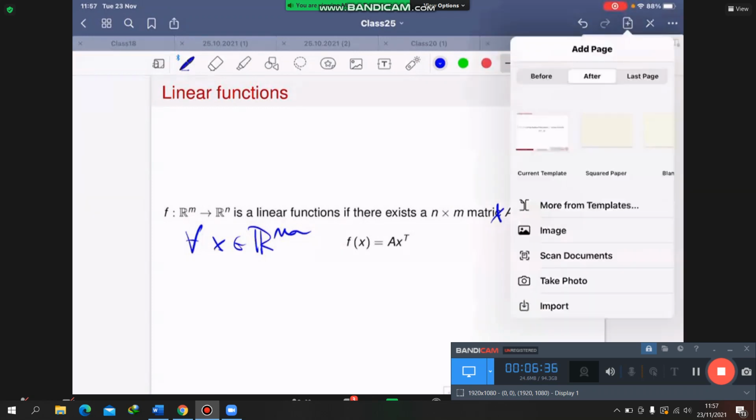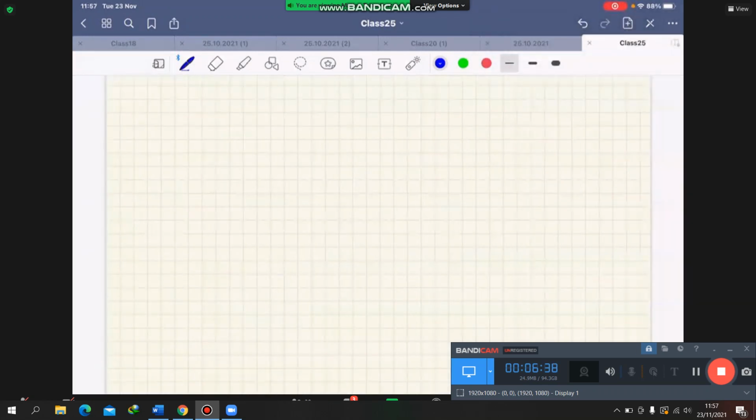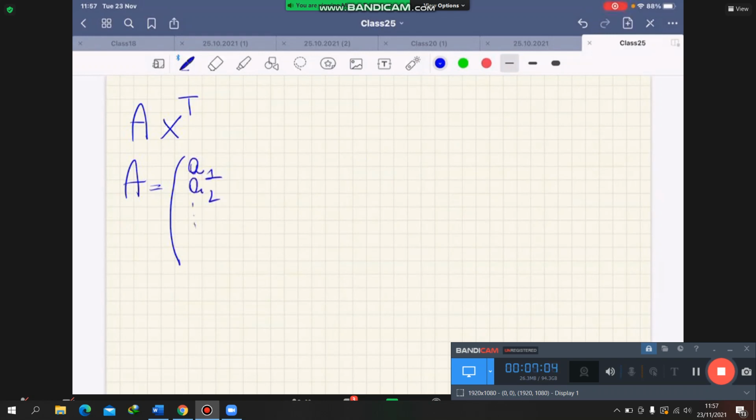So A x^T, what is it? If A is given by rows, A is a1, a2, ..., am.